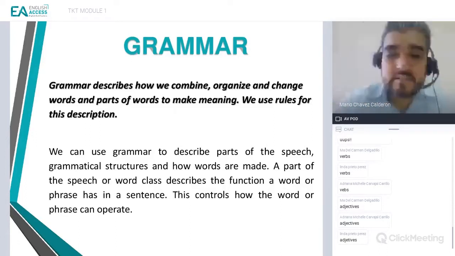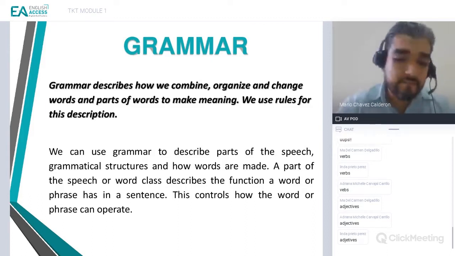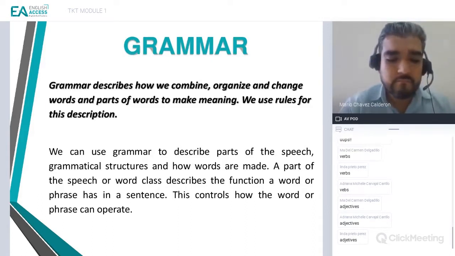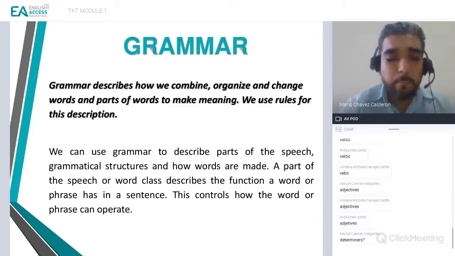These are the words that we use to describe the verbs. No? Anybody else? Any other ideas?